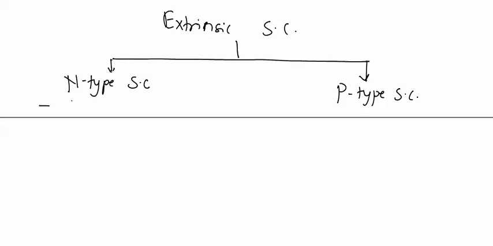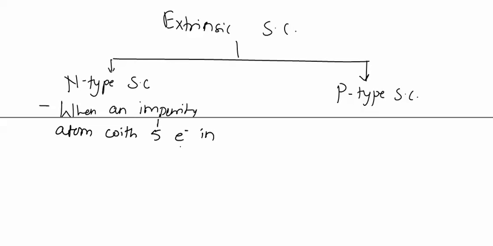N-type semiconductors are formed when an impurity atom with 5 electrons in valence band is added.